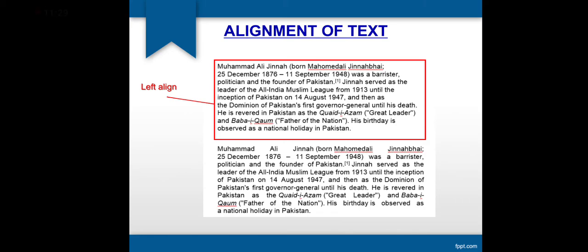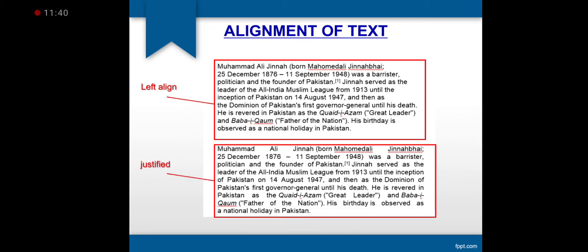The second sentence is a little bit further, and the third is a little bit more further, and the fourth one is a little to the left. But in the justification, you can see the sentences end at the same line. That's the difference between left alignment and justification.